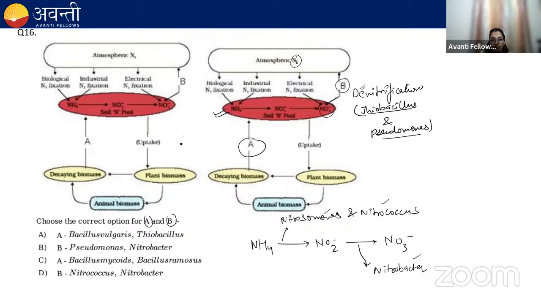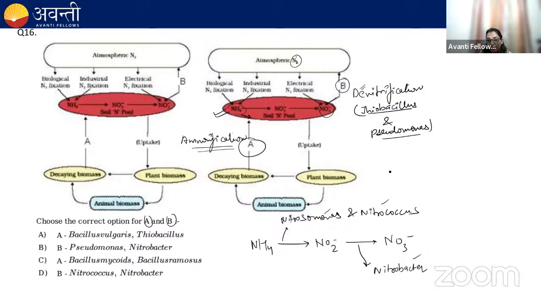A represents ammonification, where the organic nitrogen of dead plants and animals is decomposed and converted into ammonia, and the process is known as ammonification. This ammonia is partly taken up by bacteria present in the soil, and the rest is released into the atmosphere.